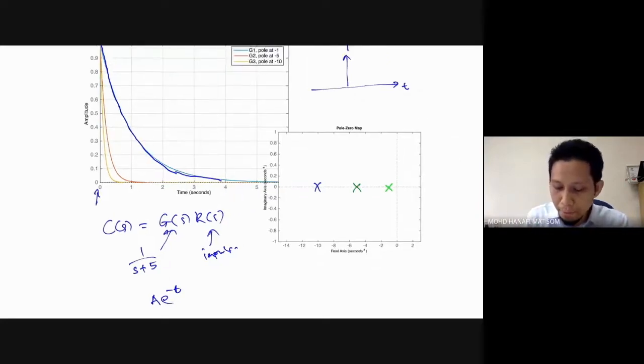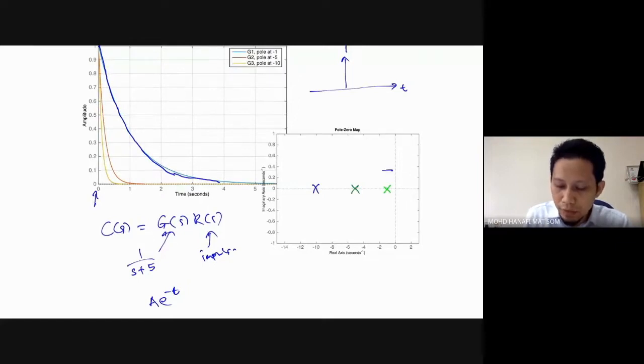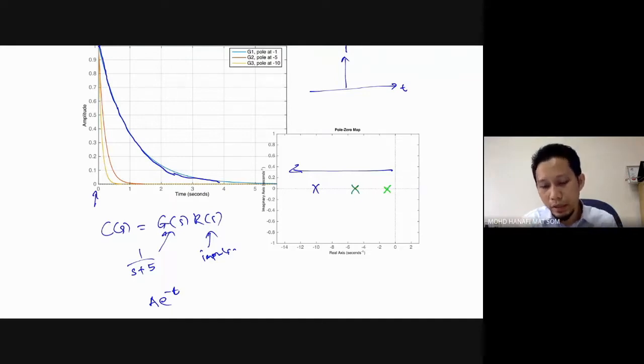We can say that as the pole is located to the left of the S-plane, the rate of decay becomes faster, meaning it reaches the value of 0 faster if we put the pole location towards the left side of the S-plane.